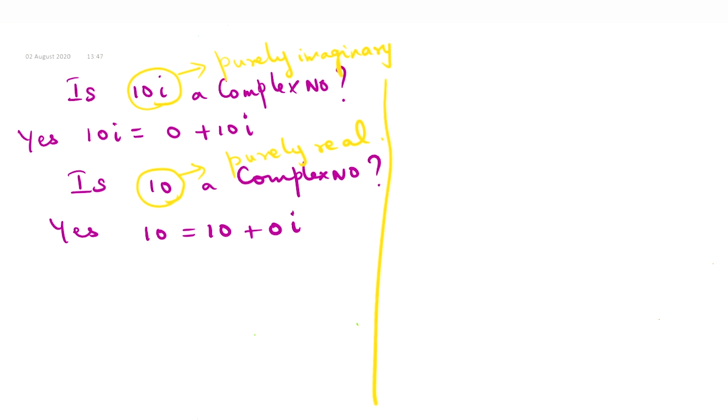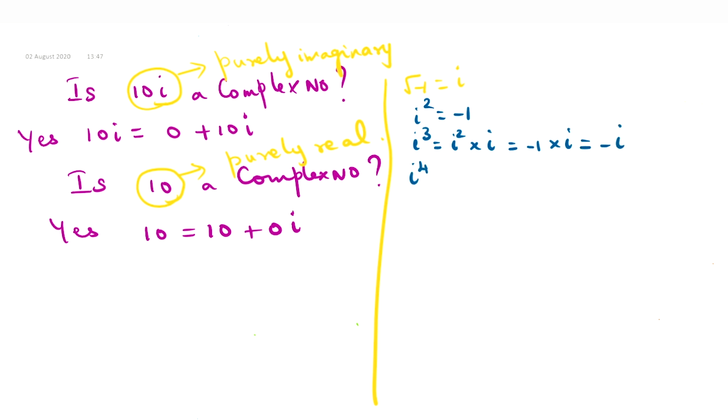Okay. So we know that root of minus 1 is i. What is i square? i square is equal to minus 1. What is i cube? i square into i, that is equal to minus 1 into i, that is minus i.